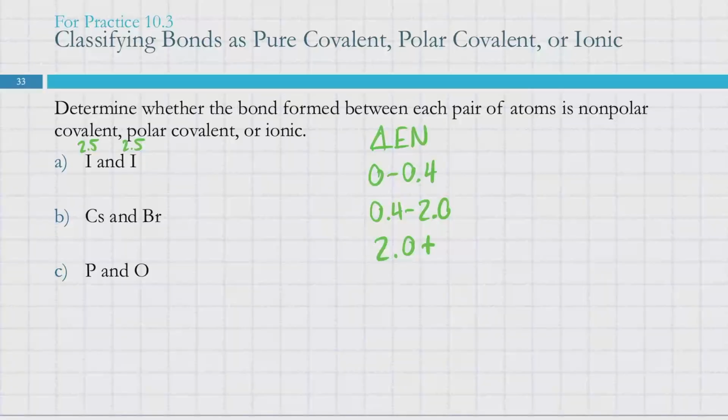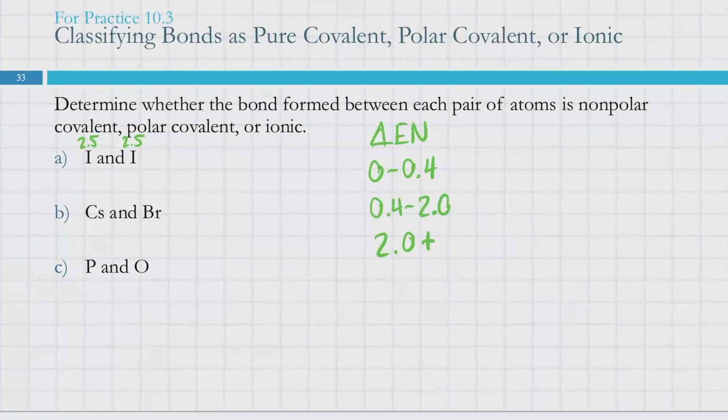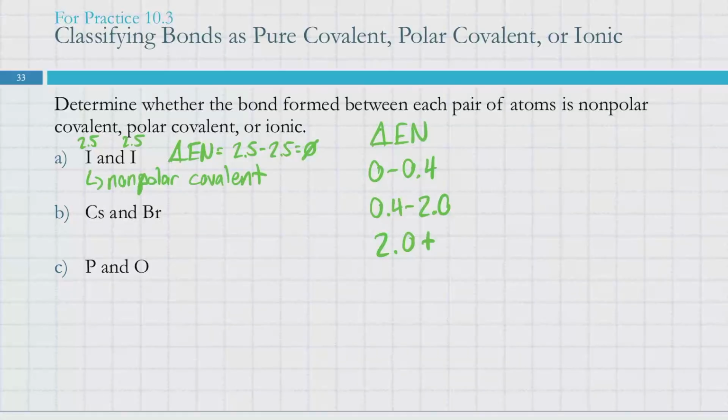It's always going to be 0 because they've got the same electronegativity. They've got the same electron pulling force. So 2.5 minus 2.5, we get a big goose egg, 0. So this is nonpolar covalent or pure covalent. Perfect sharing of electrons.